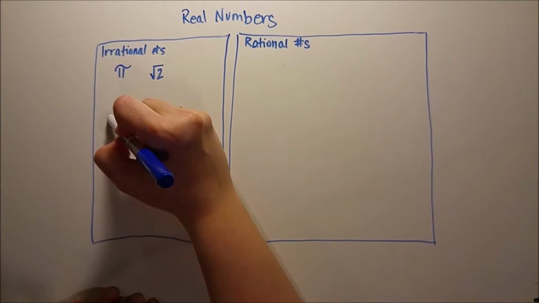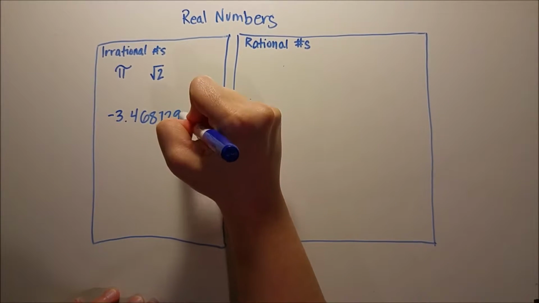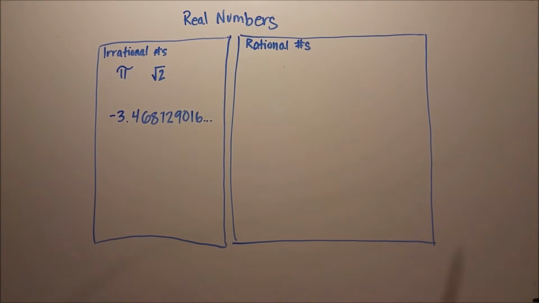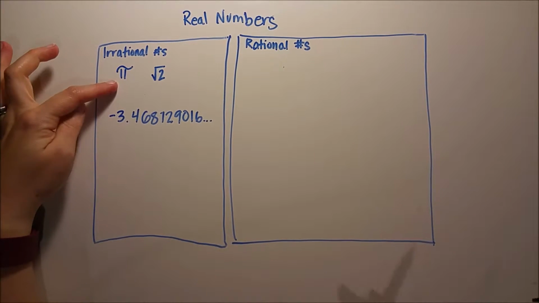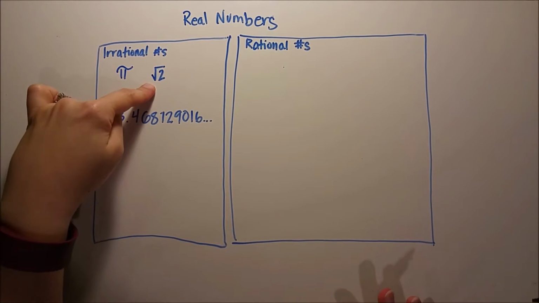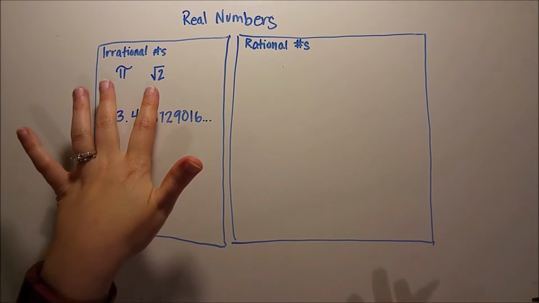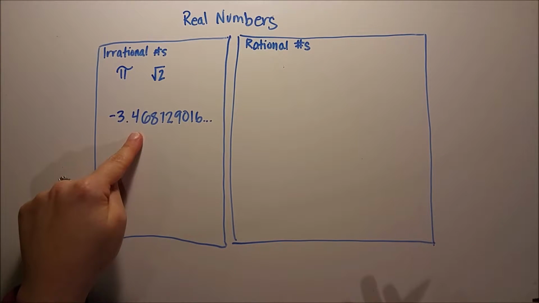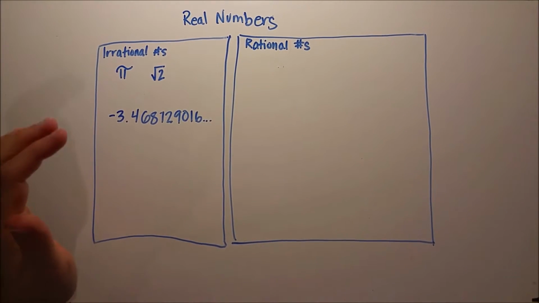So, negative 3.468729016... forever and ever, that's an irrational number. So, again, they're hard to do math with. Pi we can do math with just because we can leave it as pi. Square root of 2, we can do math with that and leave it as square root of 2. Or we can round these numbers, and we would have to round this in order to make it something that we can work with rationally that would make sense to us.